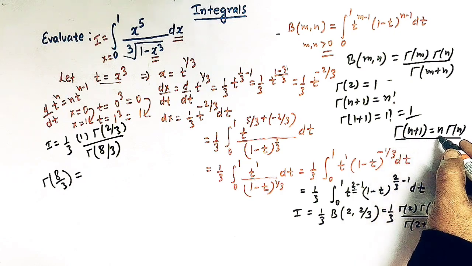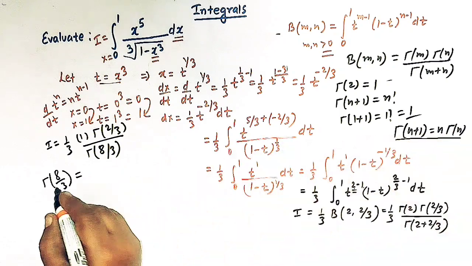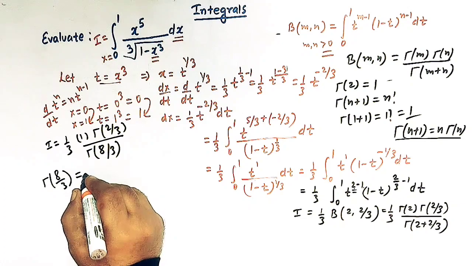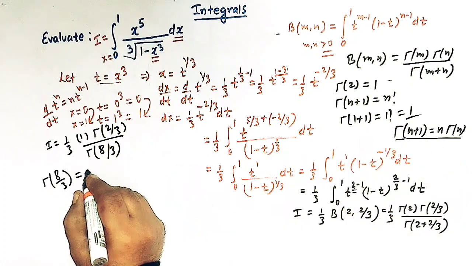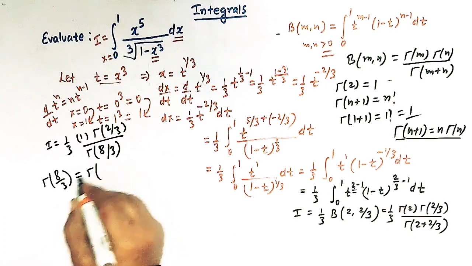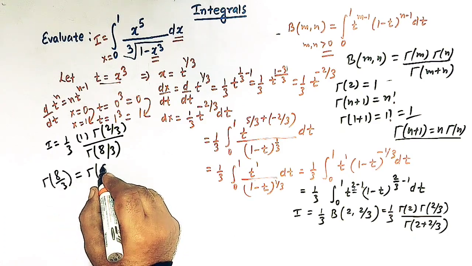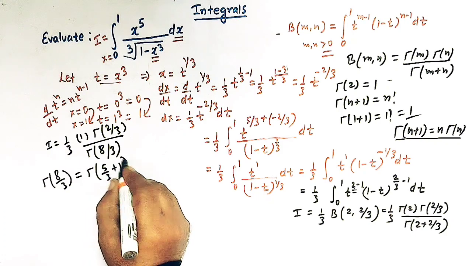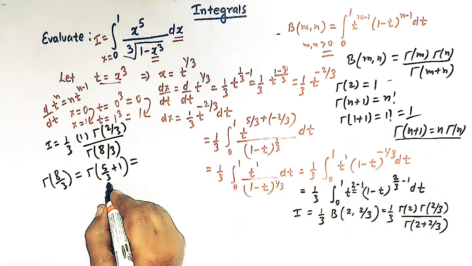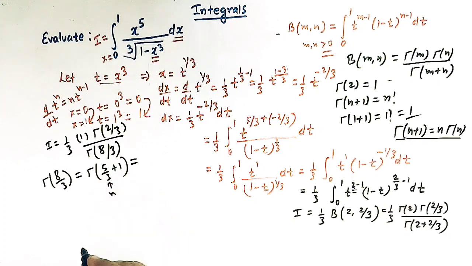Gamma n plus 1 is equal to n times gamma n, where n is some fraction here. So we can now write, here we have a positive fraction, that is 8 over 3. So 8 over 3 can be written as 5 over 3 plus 1, that is of the form gamma n plus 1. So here n is a positive fraction, that is 5 over 3.